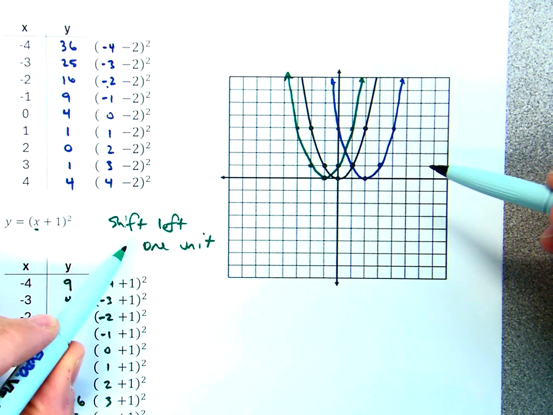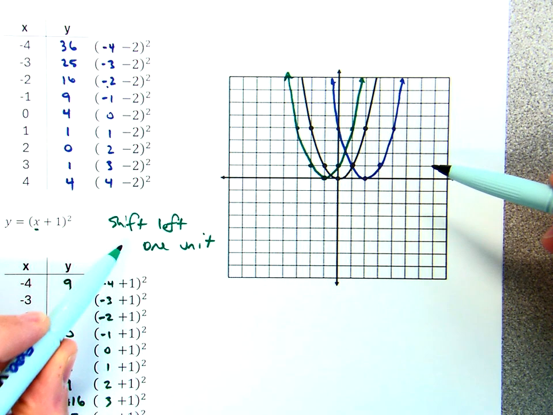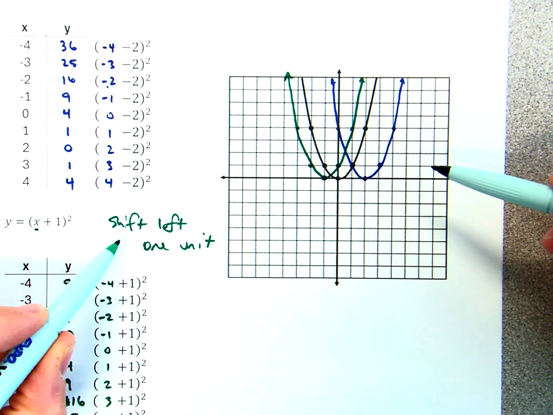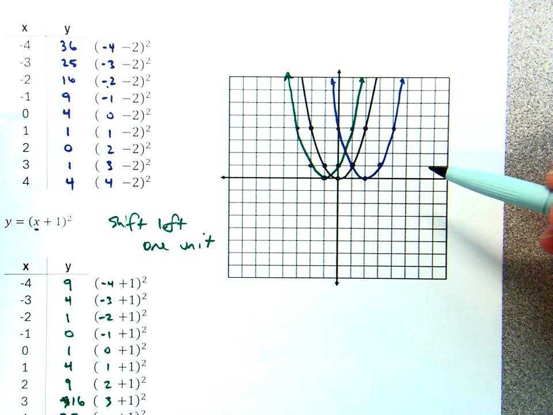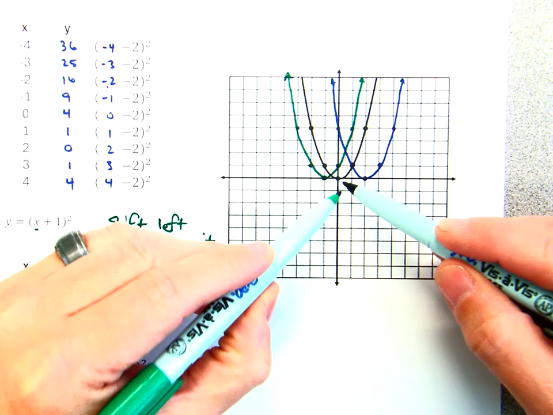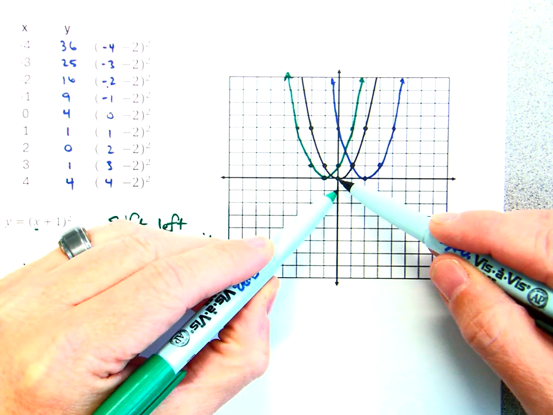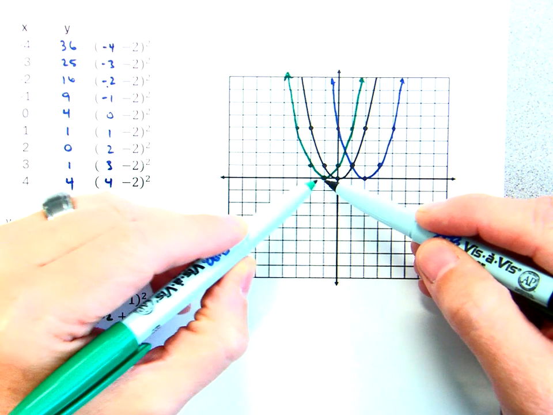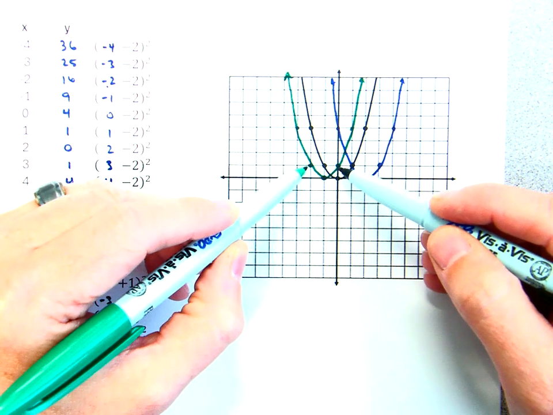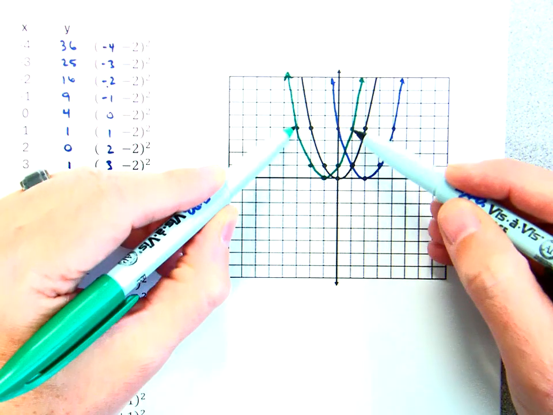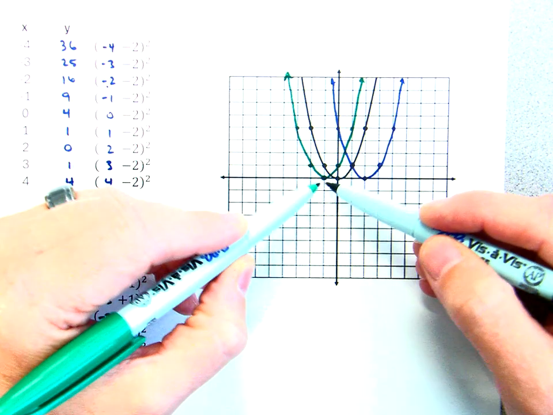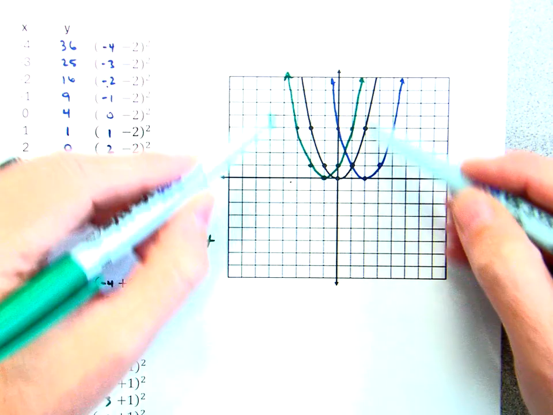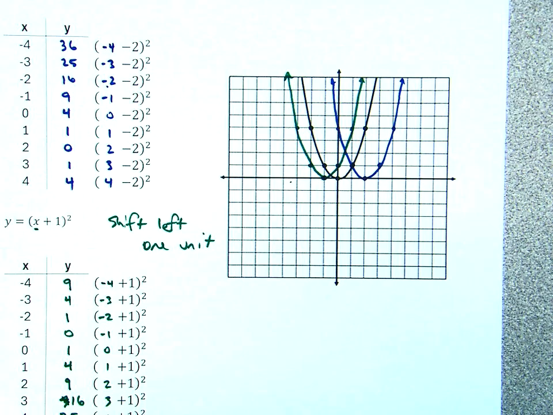So it starts off with, did the transformation actually affect the shape of the graph? In these 4 cases, no. So once we move the vertex to some new location, even if we moved it over here, right, left 1, then the anchor points, out 1, up 1, out 2, up 4, because 1 squared is 1, 2 squared is 4, 3 squared is 9. Right?